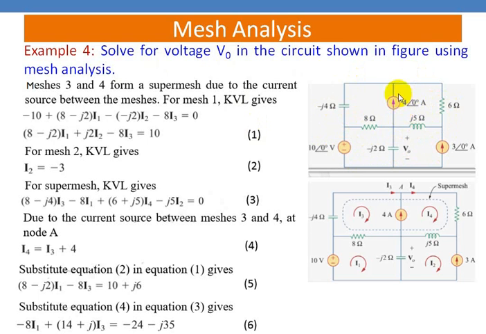Here you find that the current source is common between first mesh and this mesh and this mesh. So if we find a current source is common between two meshes, in this case we have to form a super mesh. Since it is common to these two meshes we should combine and form a super mesh.